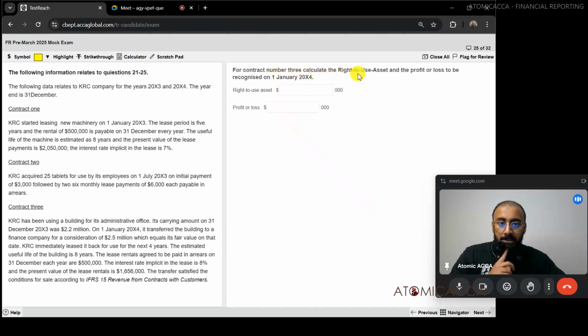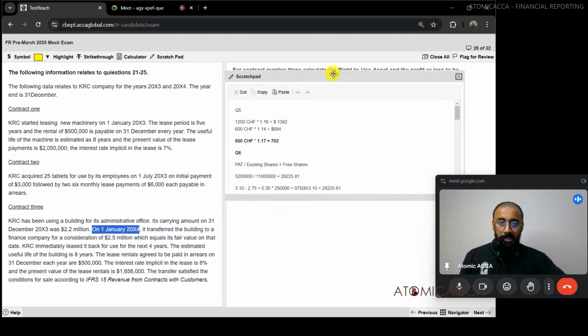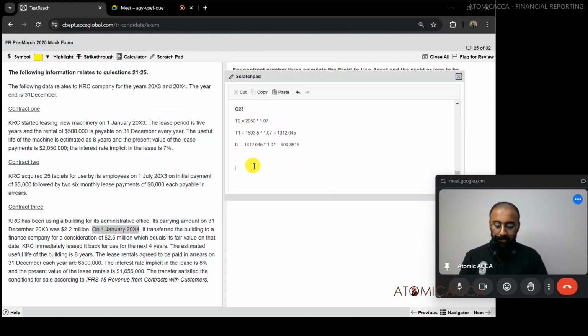For contract number 3, calculate the right to use asset and profit or loss to be recognized on 1st Jan X4. 1st Jan X4 is the date on which the sale happened. So for right to use in a sale and leaseback, we have a working note. A small formula is there. Question number 25. For right of use, the formula we have to apply is carrying value multiplied by present value divided by fair value.